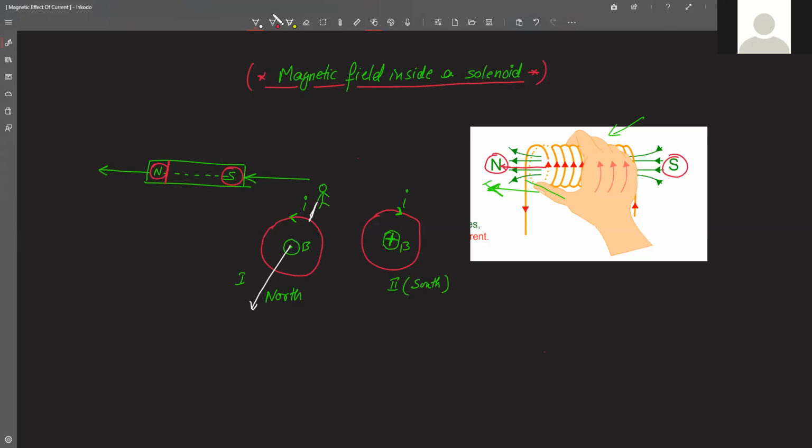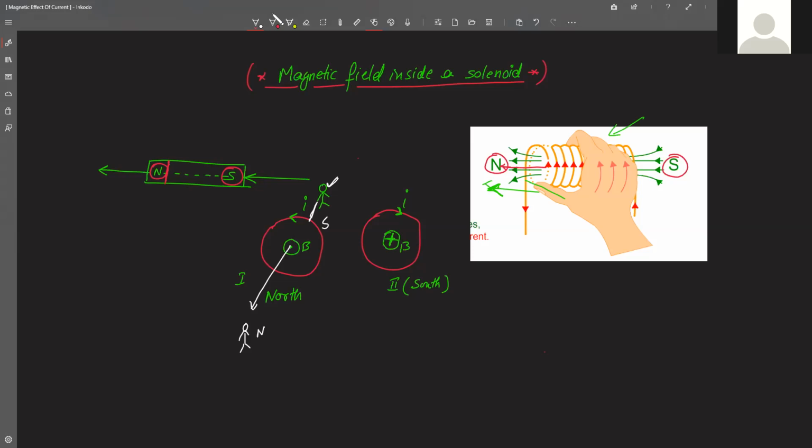So the person on the back side will see lines going away from him, right? So for him that is the south pole, but for a person standing here, the same coil is the north pole. So that's how even a magnet behaves.